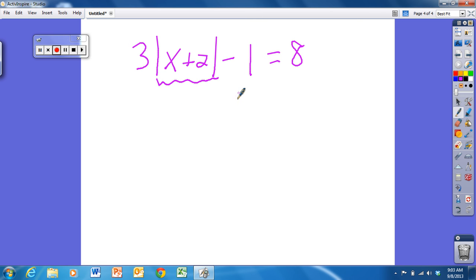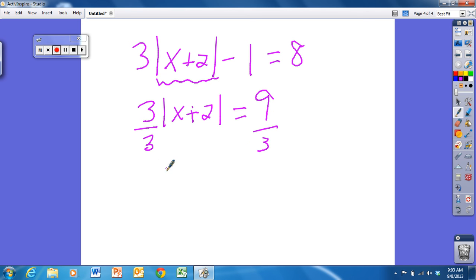So first we're going to add 1 to both sides. It's almost by itself. Then we're going to divide by 3. Now you've isolated the absolute value, you can set up your two equations.